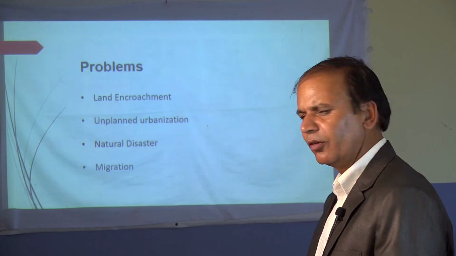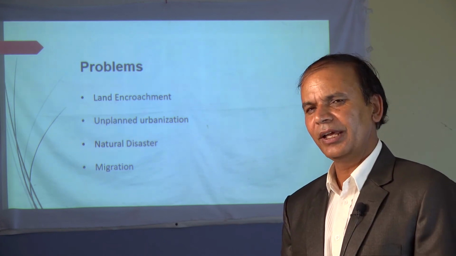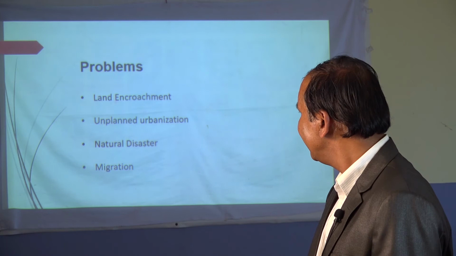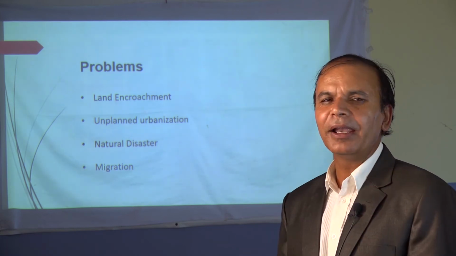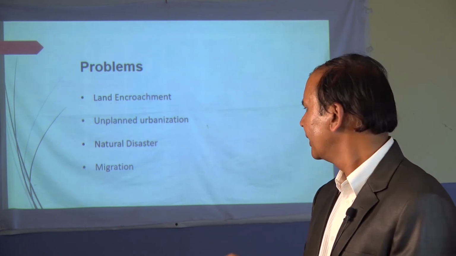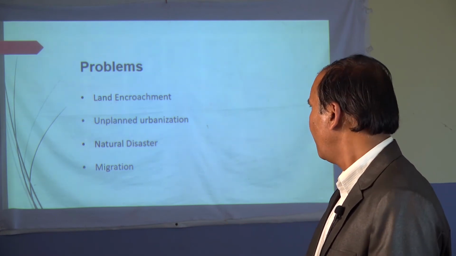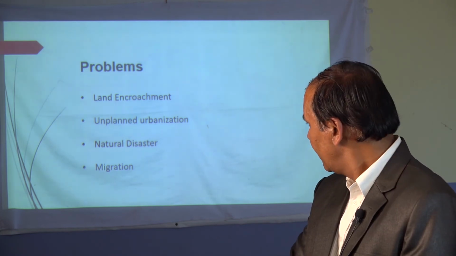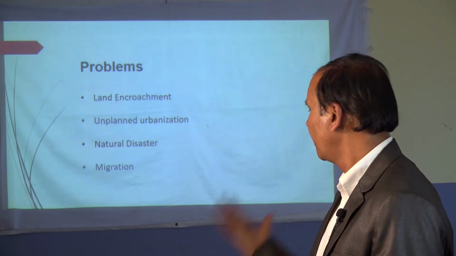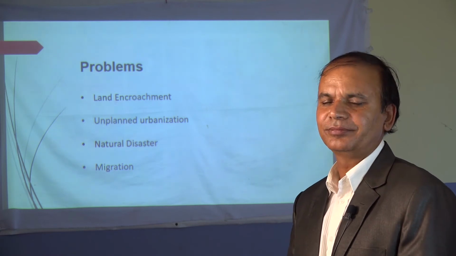Unplanned urbanization: we have rising cities here, but they have not been planned well. The urban areas do not have the facilities that are needed for the people. Likewise, we have another problem, that is natural disaster.